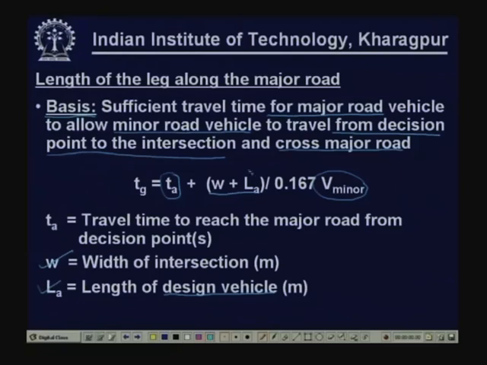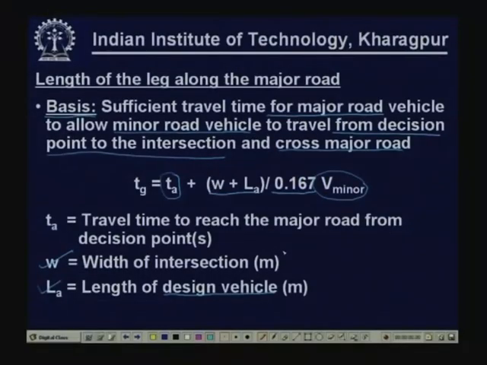Now, this is the total distance that is required to be crossed divided by the speed. Normally V is expressed in kilometer per hour, so the conversion factor is normally 0.278. In this case, carefully note that this factor is 0.167. Why is it 0.167? Because it is assumed that vehicles will reduce speed to 60% of the mid block speed.